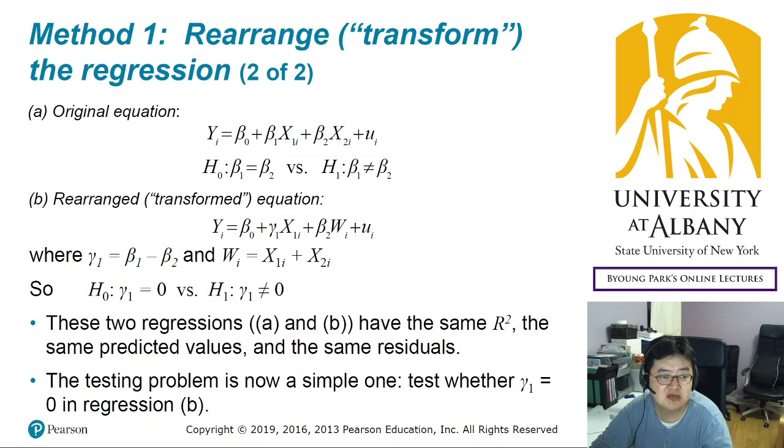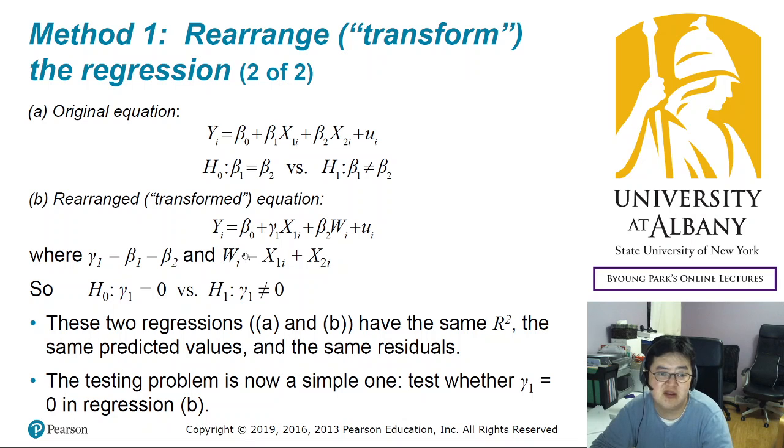Yes, you can. In Stata, instead of the command regress y on x1, x2, you need to say regress y on x1 and w, where w is defined in this way. Defining a new random variable like this is super easy.